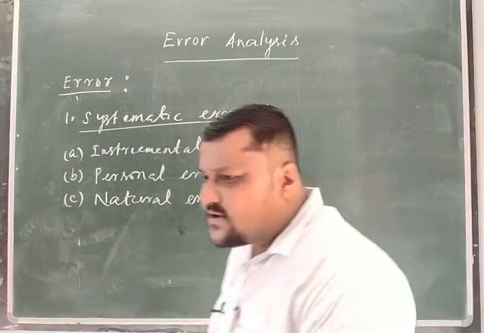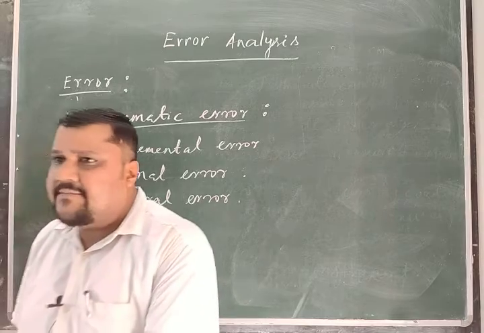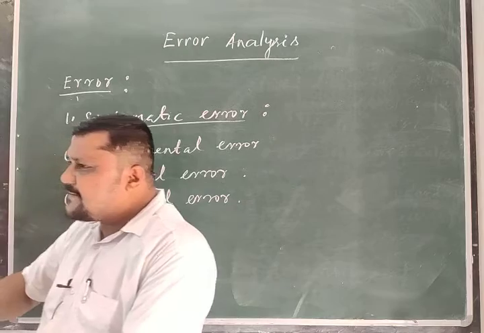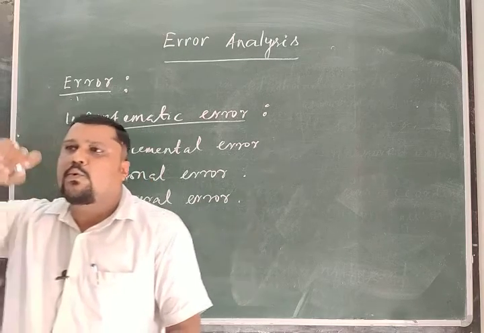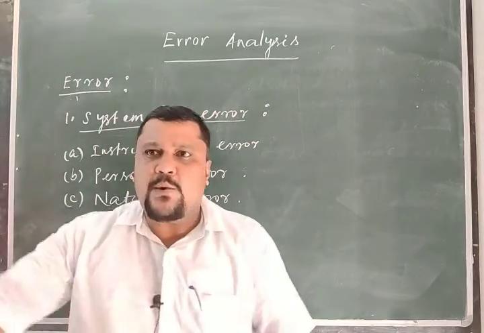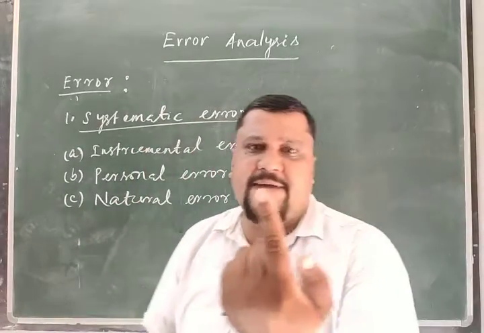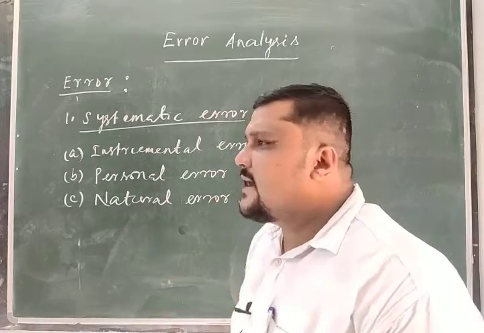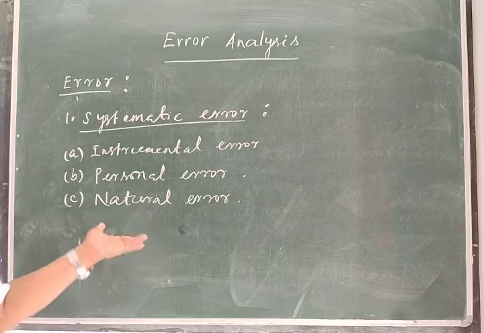Suppose I want to measure the temperature of this room using a thermometer at 2 p.m., and then I do the same experiment at 2 a.m. The same room has different temperatures. The thermometer is perfect, but the natural condition is not the same. So this is the natural error.